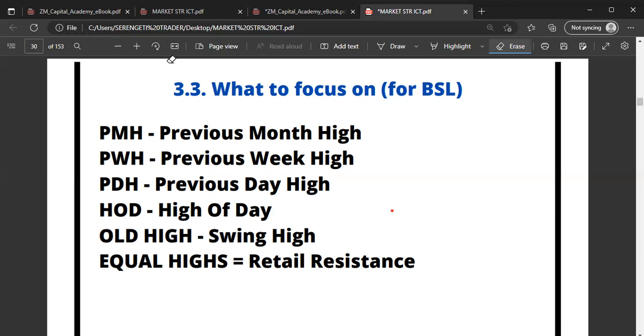Yes, a specific area or price. You can show me in the real chart. You still don't understand it, is it?